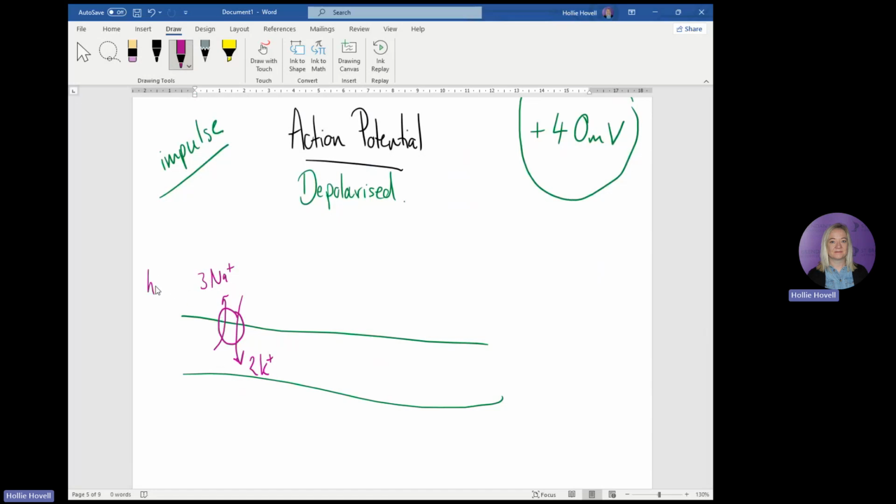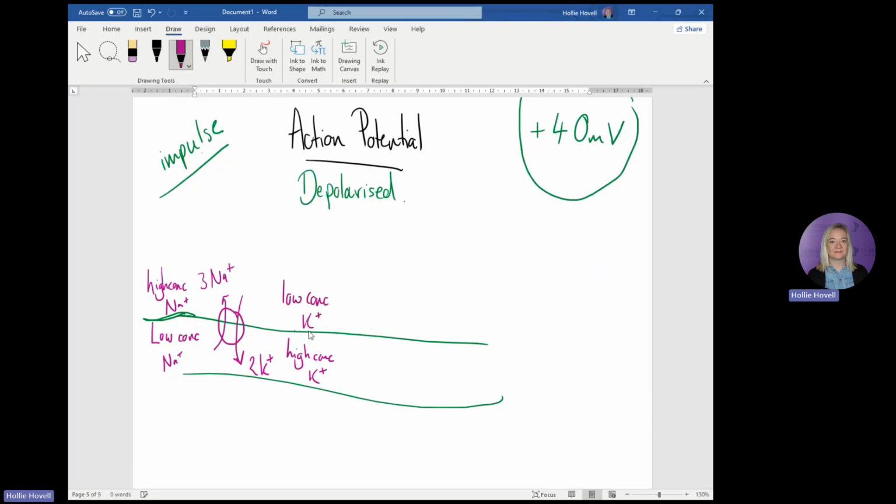We're going to have a high concentration of sodium outside the axon and a low concentration of sodium inside the axon. We're also going to establish a concentration gradient where we have a high concentration of potassium inside the axon compared to outside.